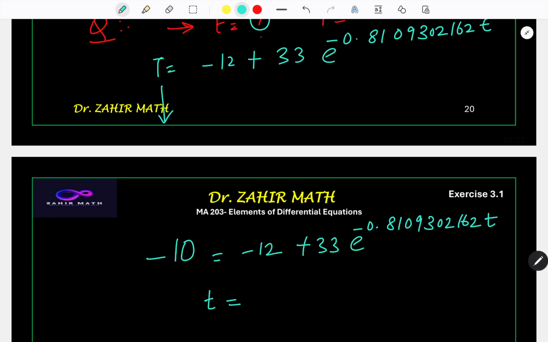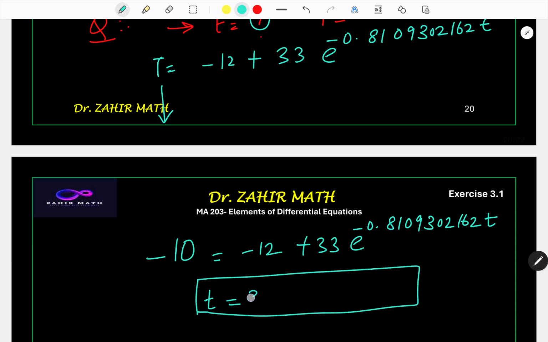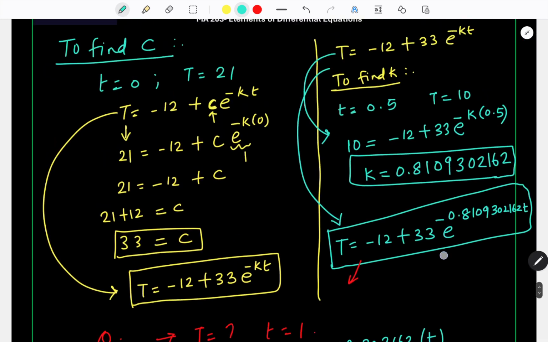So t is 3 point something: 3.456968707. Now clear?